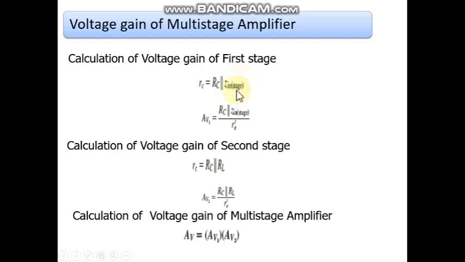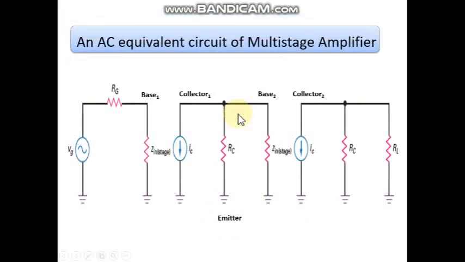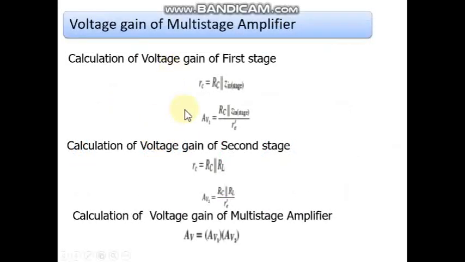This is of the second stage. So AV1 is nothing but RC upon RE dash. So what is the value of RC? That is the AC collector resistance, the parallel combination of this, upon RE dash. So that is your AV1.